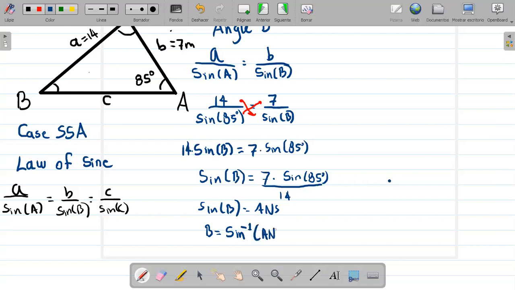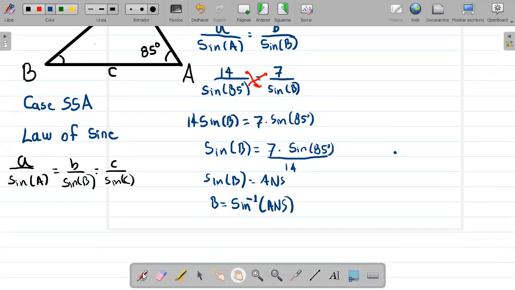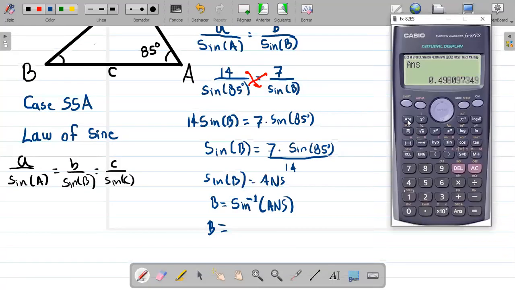So B is equal to sine inverse of that answer, which is exactly 29.87, rounded. Do you have it like that?